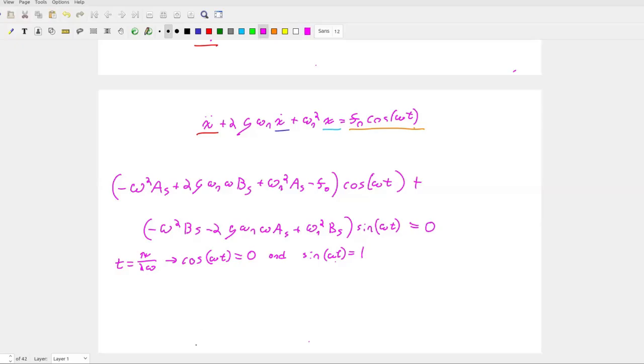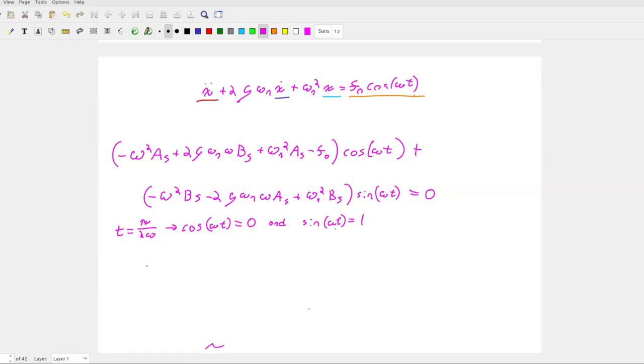So that's very helpful. We can get this expression then, which is negative 2 zeta omega n omega, and I'm going to organize this as multiplied by AS, plus omega n squared minus omega squared, I'm going to multiply that as BS, and I'm going to set that equal to 0.